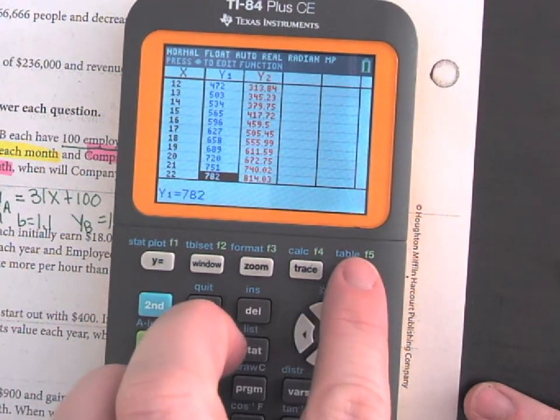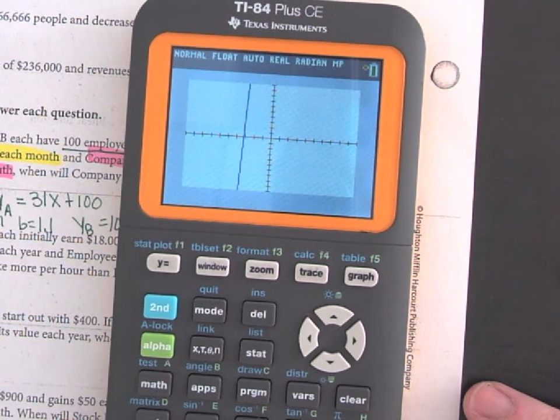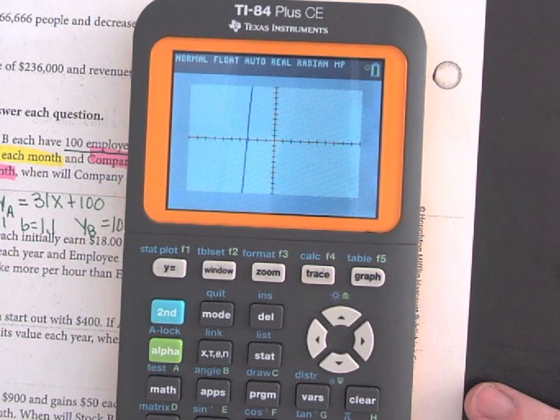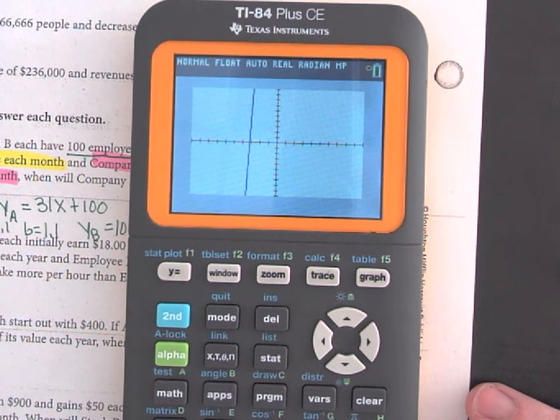So if I go to graph the two functions, okay, now it's graphing. I can tell it's still graphing because the little wheel is spinning in the top right.